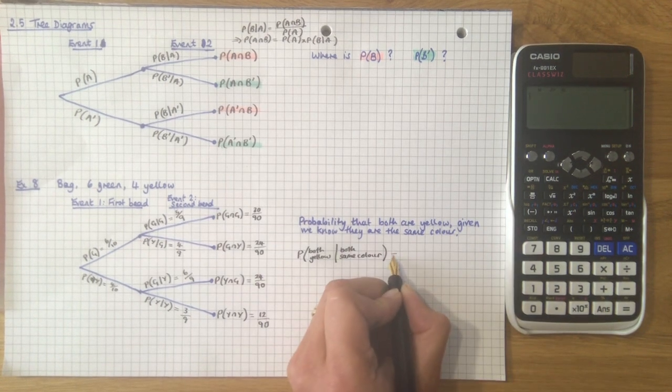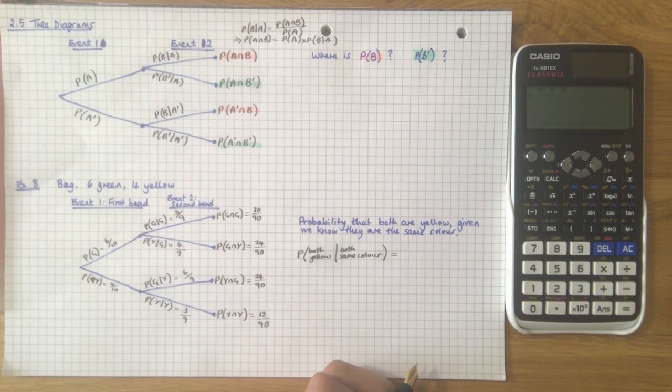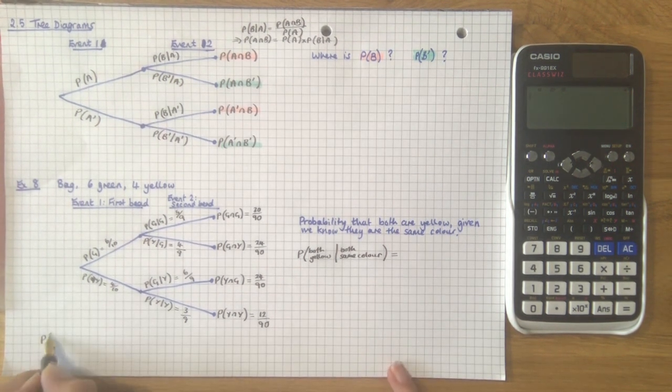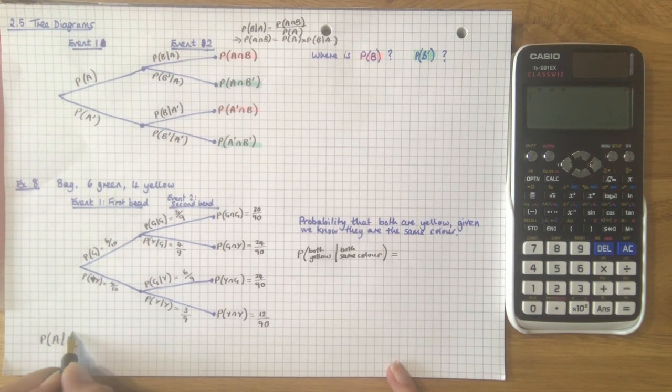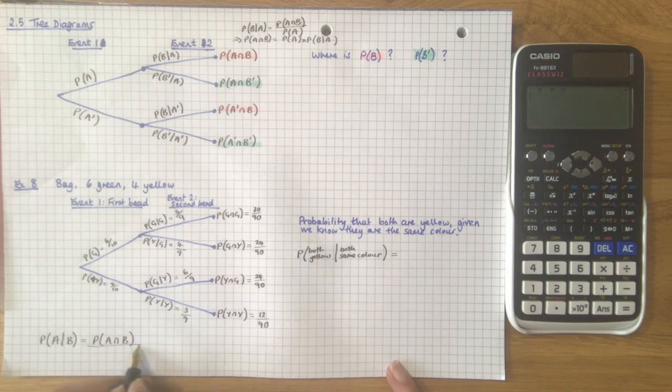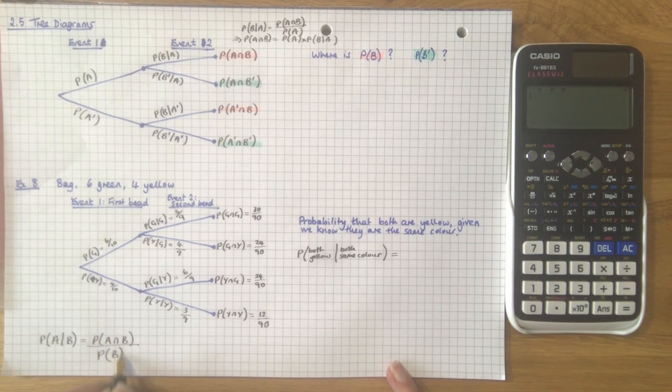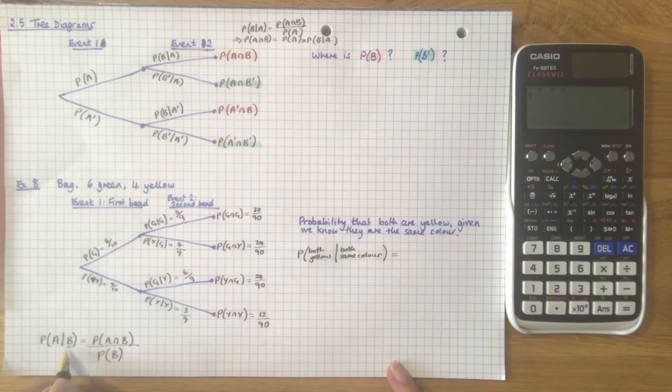Now, I want you to think about your formula again for A given B. Let's make a little note of it just out the way here. The probability of A given B is the probability of both of them over the probability of the second, because we reduce our sample space to the second, don't we?